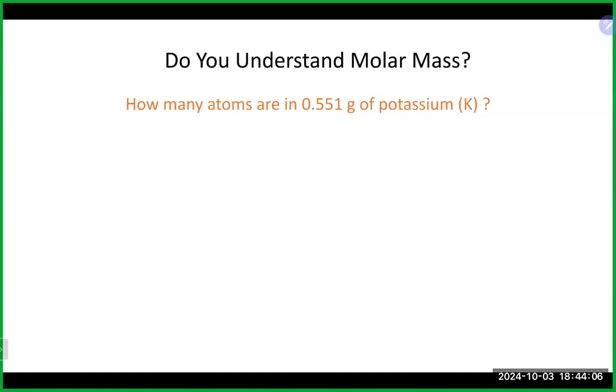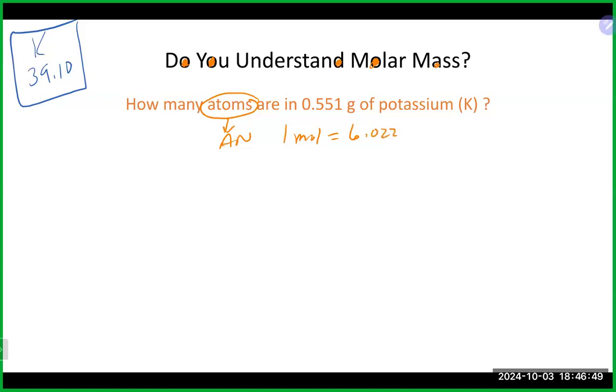All right, so we want to know how many atoms there are in 0.551 grams of potassium. Here we are looking for atoms, which is a pretty key word. That means I should probably use Avogadro's number somewhere along the way, so we will need 1 mole equals 6.022 times 10 to the 23 atoms.